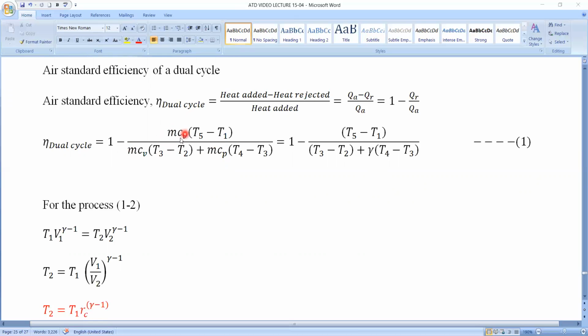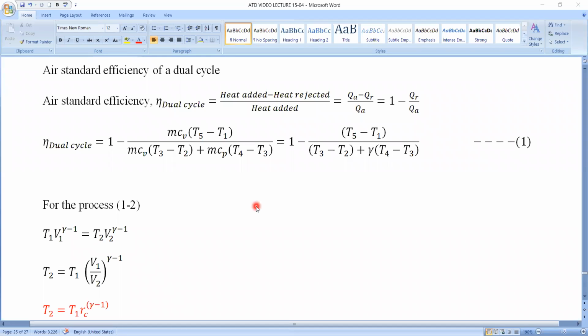If we divide the numerator and denominator by Cv, here Cv will get cancelled, here also Cv will get cancelled. Now Cp by Cv is equal to gamma, the ratio of specific heats. We have seen in the last class also that the specific heat at constant pressure divided by the specific heat at constant volume is equal to gamma. So that's why I have written gamma here. Keep it as equation number 1.